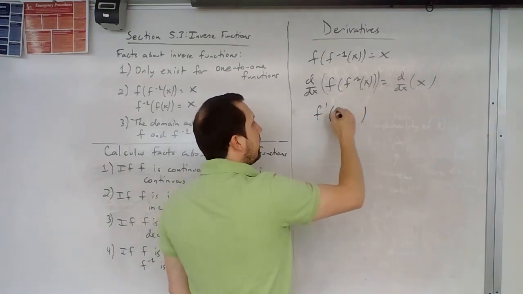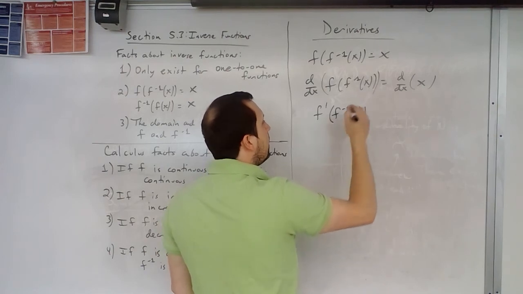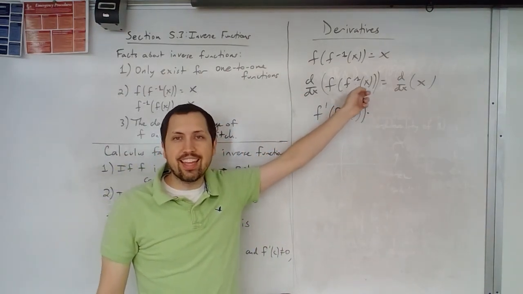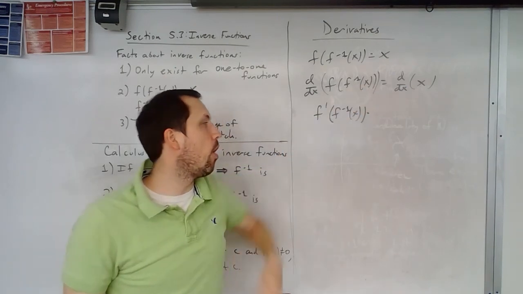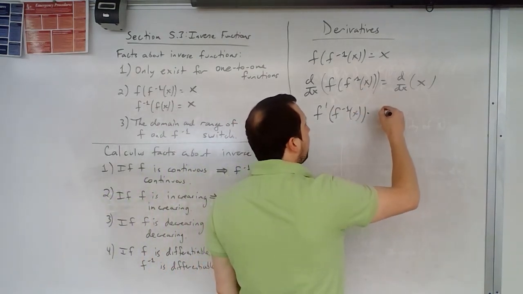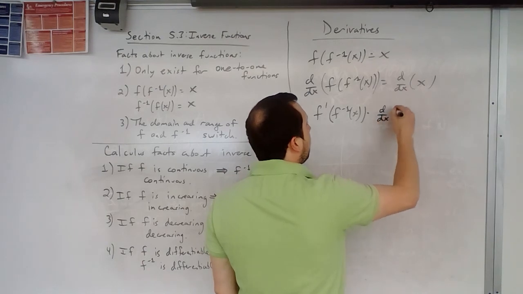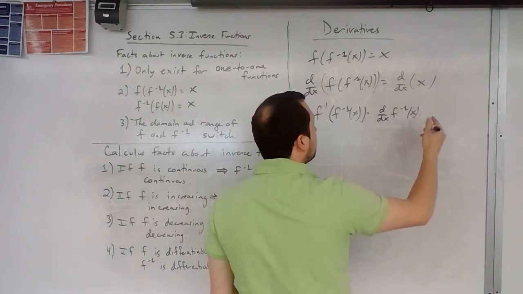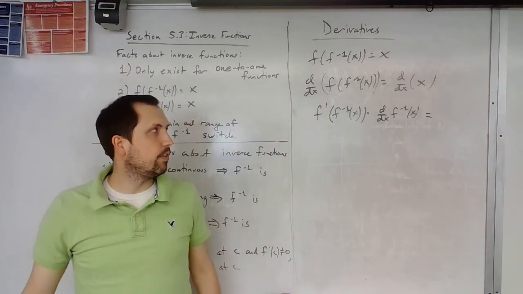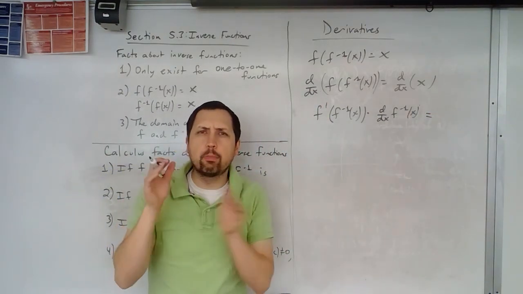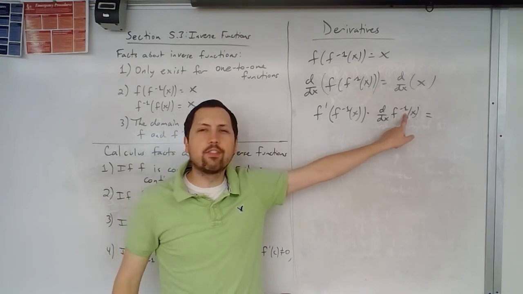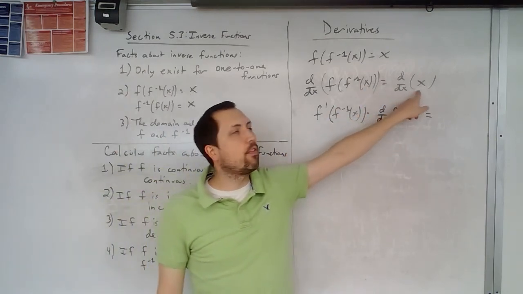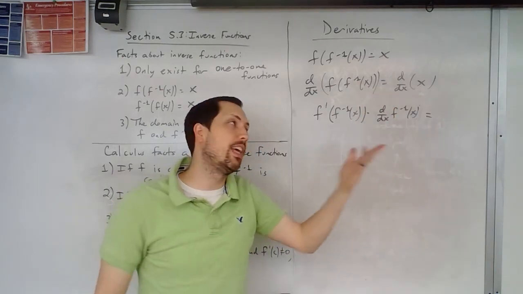Then I replace the inside, and then multiply by the derivative of the inside function. I'll just call this d/dx of f inverse of x, because it's a little tricky to do prime notation when you already have inverse notation up there, so I prefer this notation. Then I take the derivative of the right-hand side. The derivative of x is just 1.